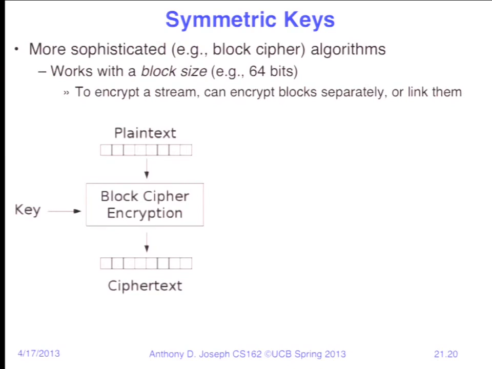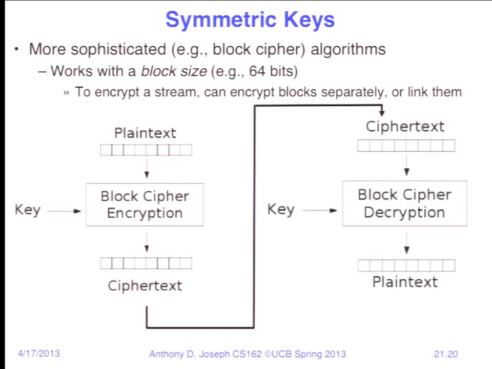The basic idea is we take our plain text, break it up into blocks. Those blocks go in, the key is also passed in, and out comes blocks of ciphertext. We transmit those blocks of ciphertext to our recipient. The recipient then does the block cipher decryption operation, passing in the same secret key, and out come the blocks of plain text. Very simple.